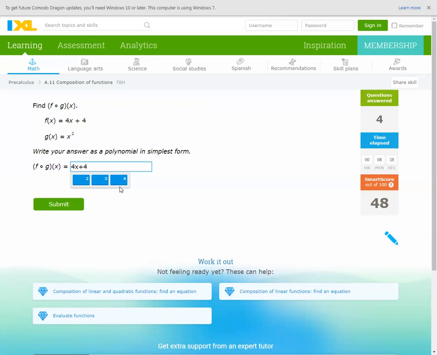It's x power 2. So the final rule, the final composition, the lesson is composition of two functions. The final rule of this composition is 4x to the power of 2 plus 4.